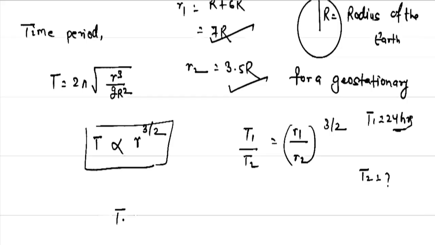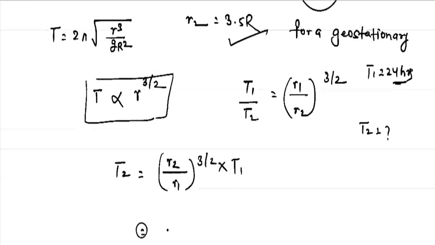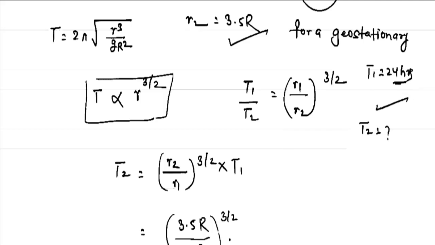Now we have to find T2. Therefore T2 is written as R2 divided by R1, raised to the power 3 by 2, multiplied by T1. We put the values: R2 is 3.5R divided by R1, that is 7R, and whole raised to the power 3 by 2, and time period T1 is 24, so this is multiplied with 24.